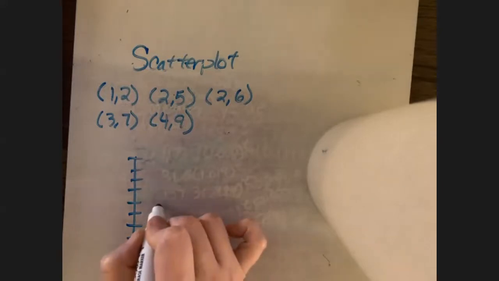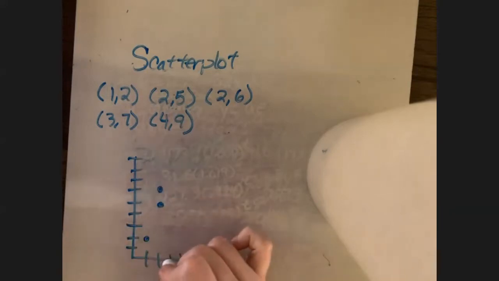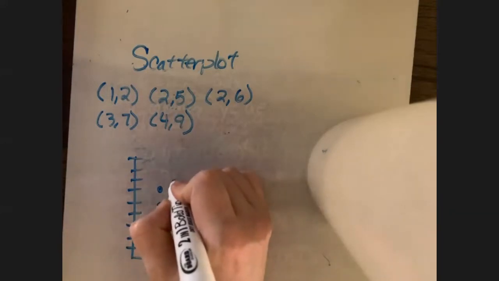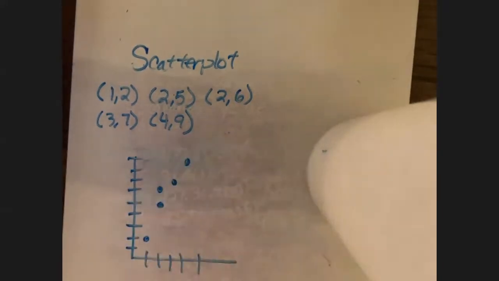I would go to 2, 5, and put a dot. 2, 6, and put a dot. 3, 7, and put a dot. And 4, 9, and put a dot. That's a scatter plot. Do not play connect the dots. You want the points to sit as individual points so that you can see whether or not there is a pattern there.